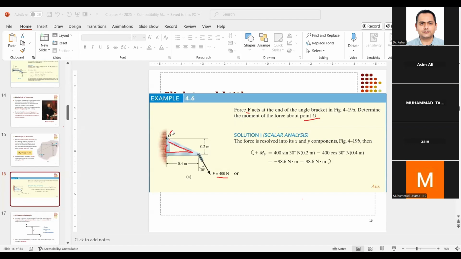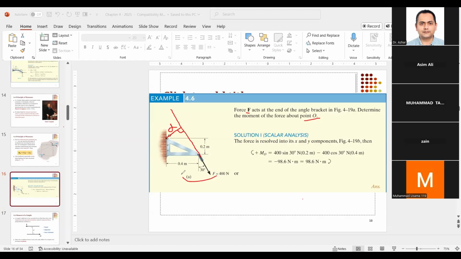So what we shall do is, look, if I ask you to get this moment according to our basic formula, force into distance, then what will you do? You will say, okay, let's extend the line of action of this force, and from the line of action, get the perpendicular distance d.